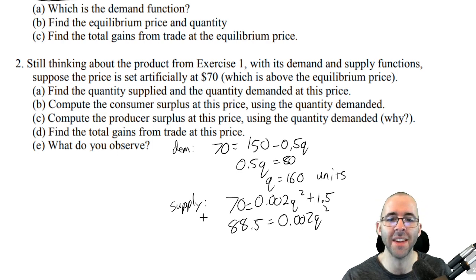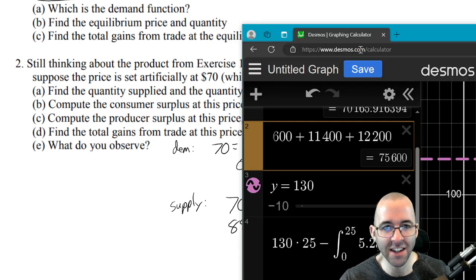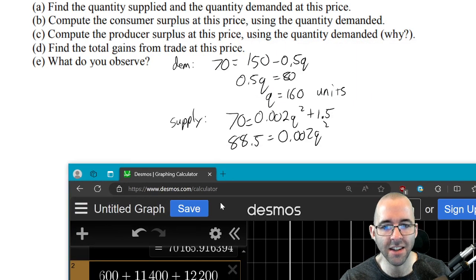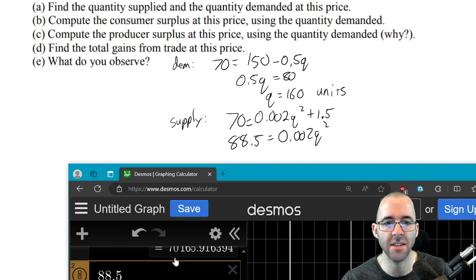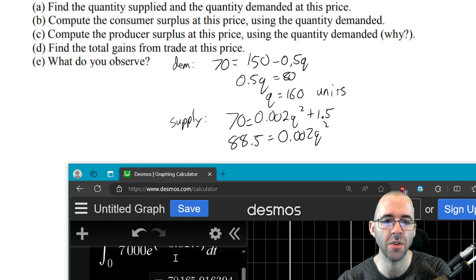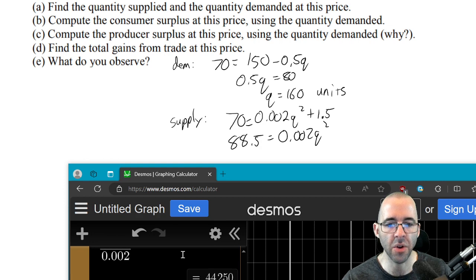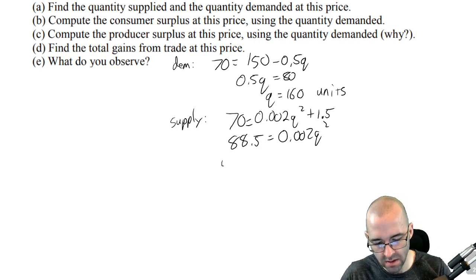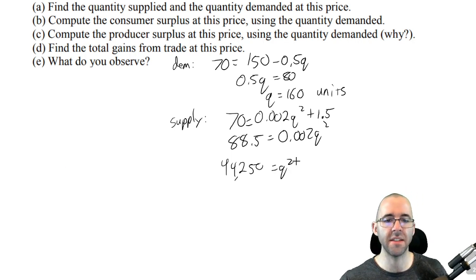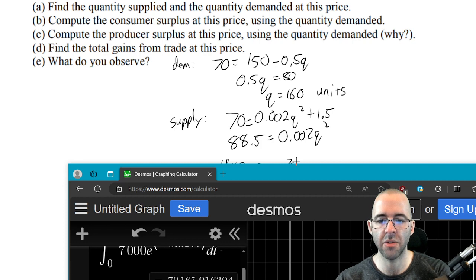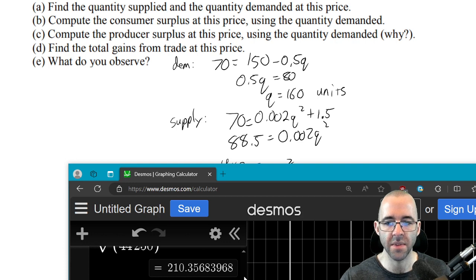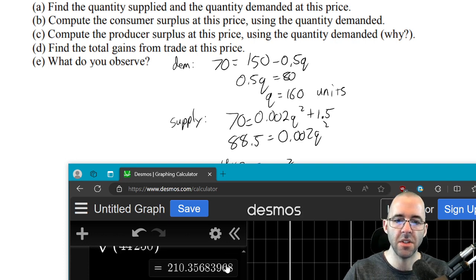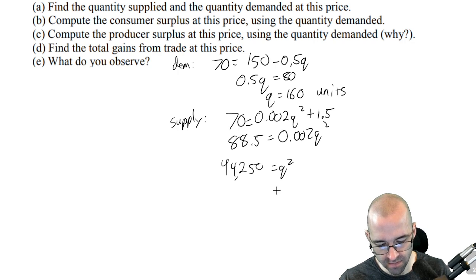Oh, I can't do that in my head, so we'll use a calculator. 88.5 divided by 0.002, you get 44,250. And then we'll take the square root of both sides. The square root of 44,250 is about 210.36. About 210.